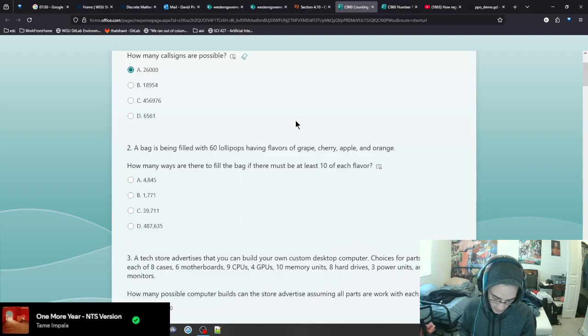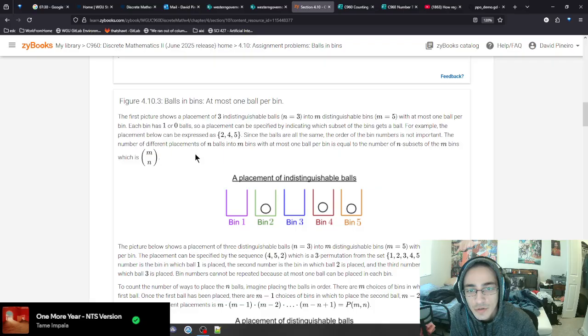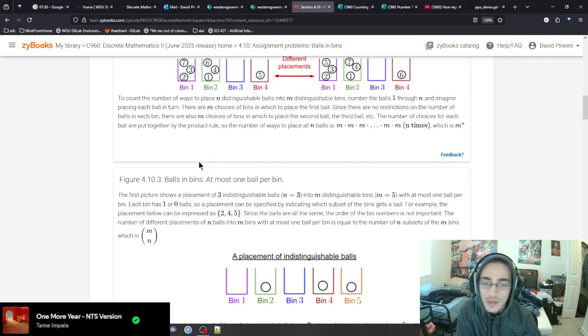So the question is, how many ways are there to assign different amounts of balls to each bin? Right. So I guess if you didn't have the restriction of having at least 10, then it would be simpler. So I'm gonna try that.